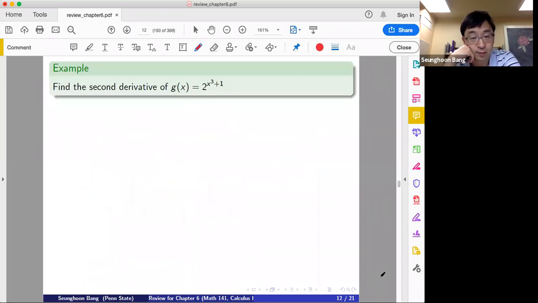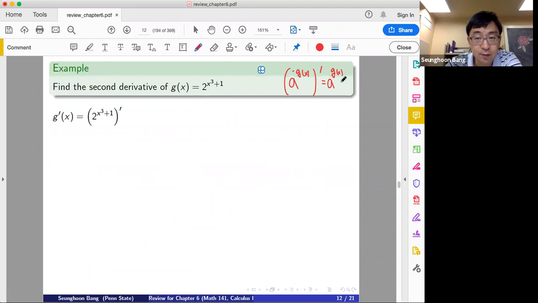The next one. How can you find g prime of x? We can use this rule. The derivative of a to the g of x: you have to keep a to the g of x times ln of a times the inner function g prime of x. So we keep 2 to the x cubed plus 1 times ln of 2, times the inner function prime.